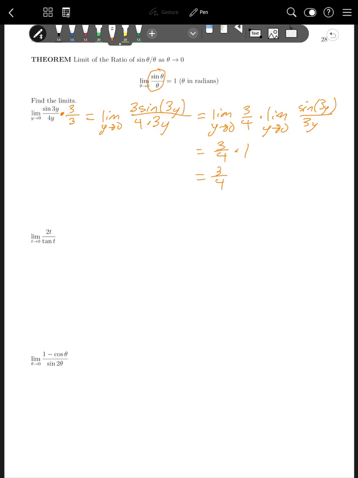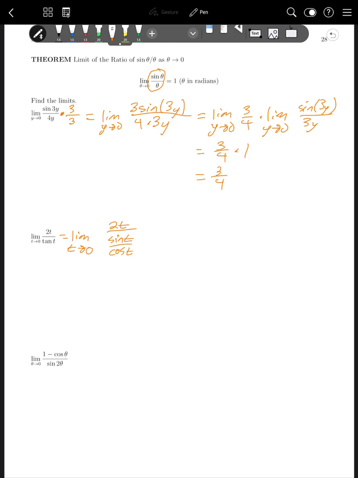And sometimes that's going to involve rewriting expressions in different ways. So for example, in the next one here, I have tangent of t. Well, tangent is not sine, but we can rewrite tangent in terms of sine. So this would be the limit as t approaches 0 of 2t over sine t over cosine t.